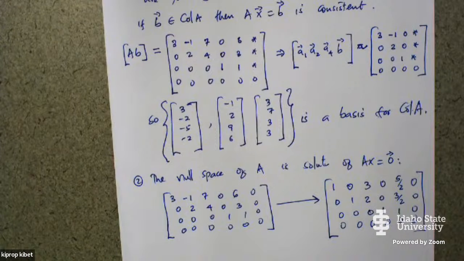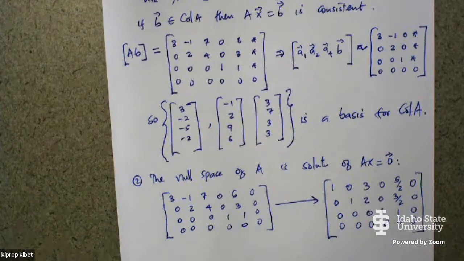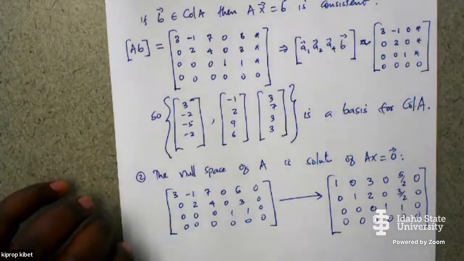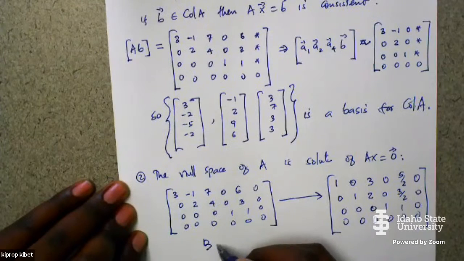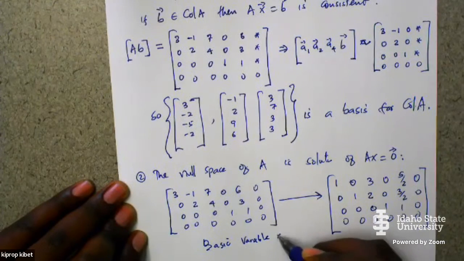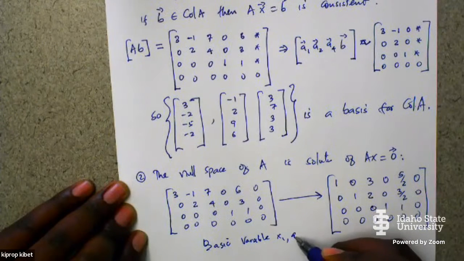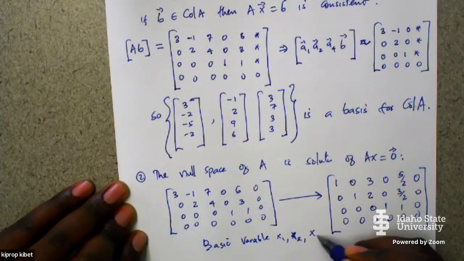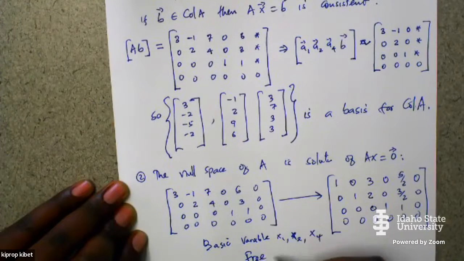So this matrix is giving us our basic variables as x1, x2, and x4, and our free variables as x3 and x5.